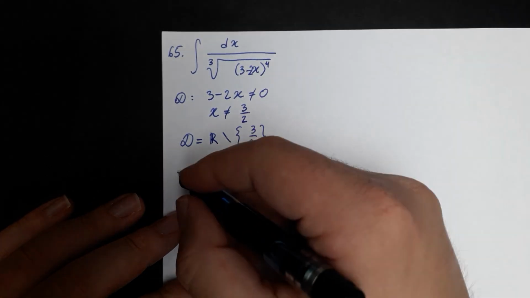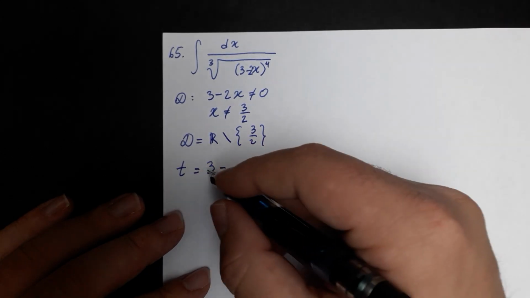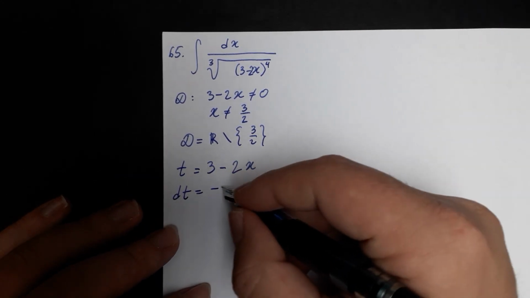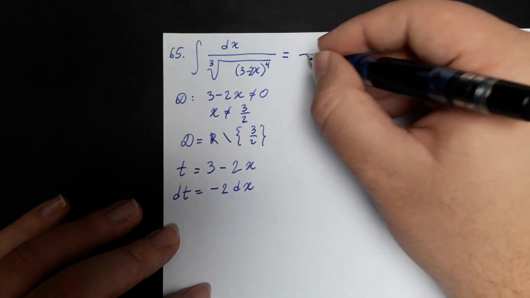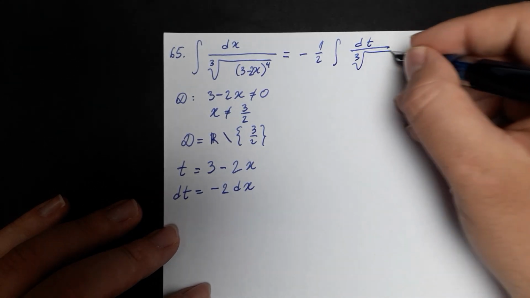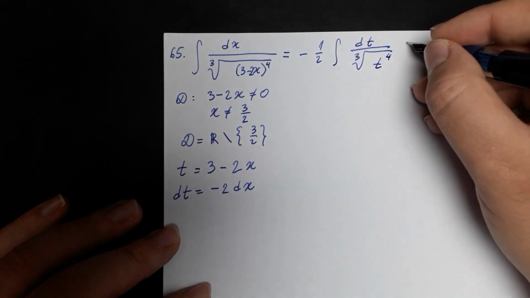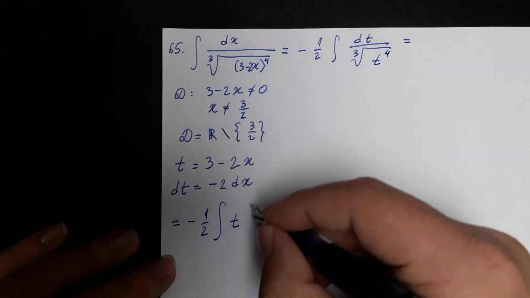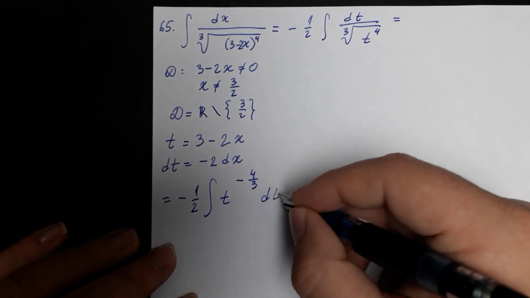We can solve this integral by introducing the substitution that t is equal to 3 minus 2x, and then dt becomes negative 2 dx. This integral then transforms into negative 1/2 of the integral dt over the cubic root of t to the 4th power, which is equal to negative 1/2 of t to the power negative 4 over 3 differential of t.